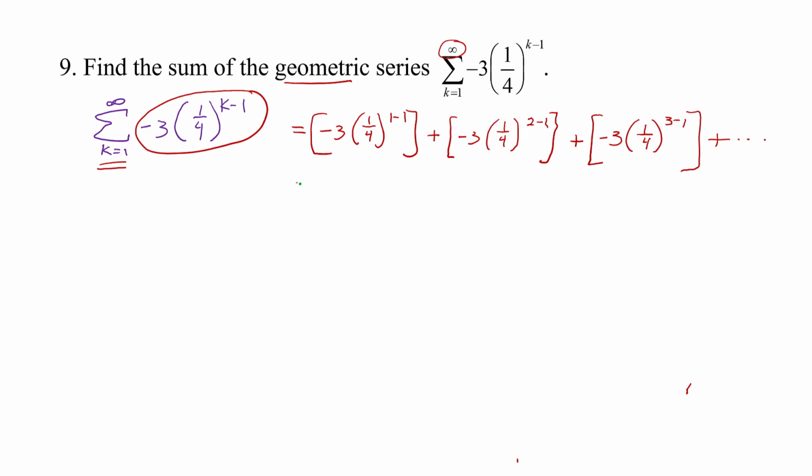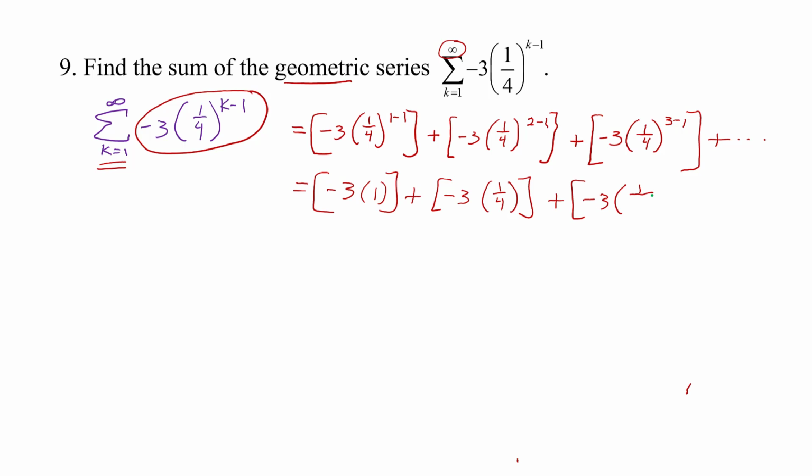So our first term would be what? -3 times 1/4 raised to the power of 0. Well, that's just going to be 1. Okay, so this is our first term. Our second term would be -3 times 1/4 raised to the power of 1, which would be 1/4. Our third term is -3 times 1/4 squared.